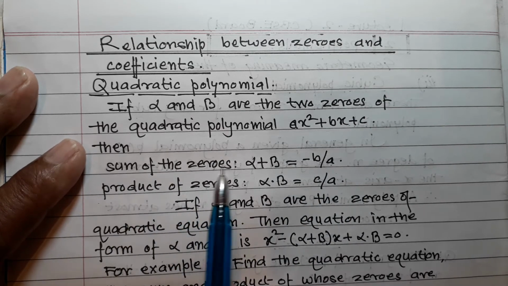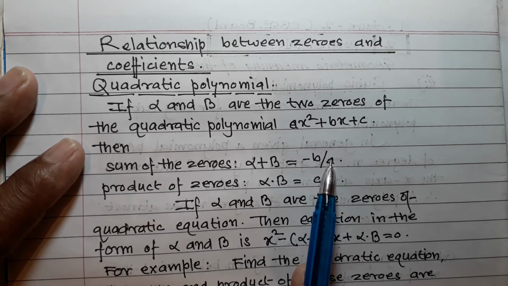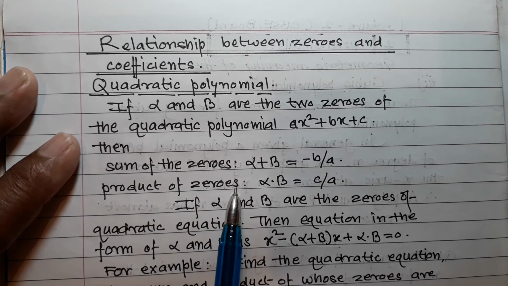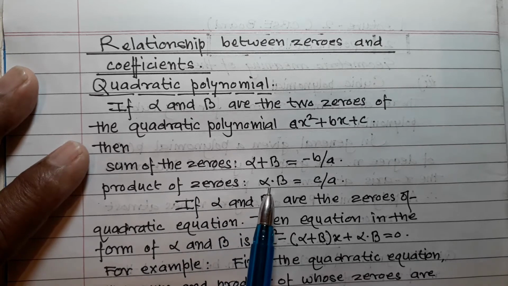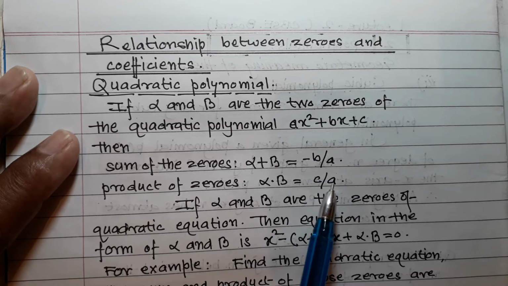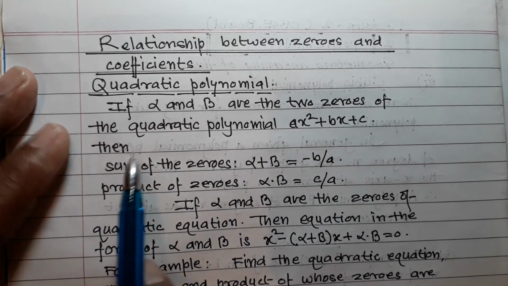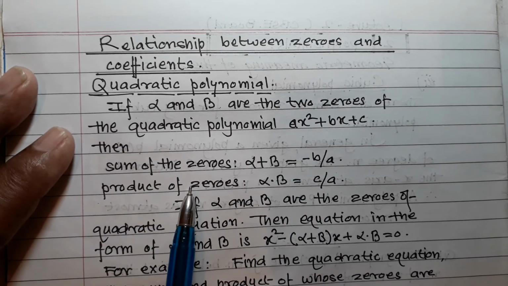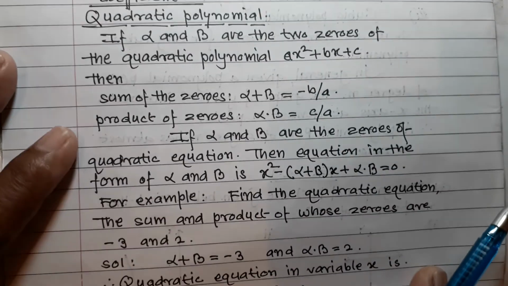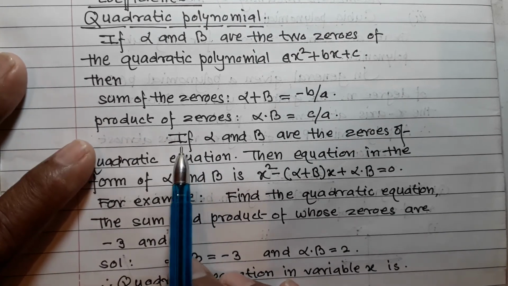So the sum of the zeros, alpha plus beta, is equal to minus b upon a, and the product of zeros, alpha into beta, is equal to c upon a. So these points are very important. This you remember by heart, okay? And now what does this mean?